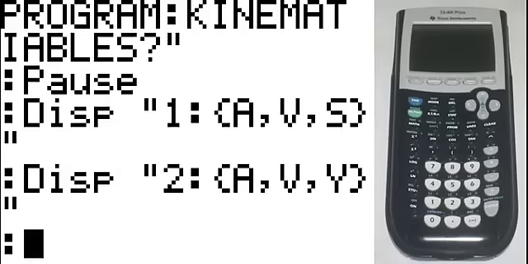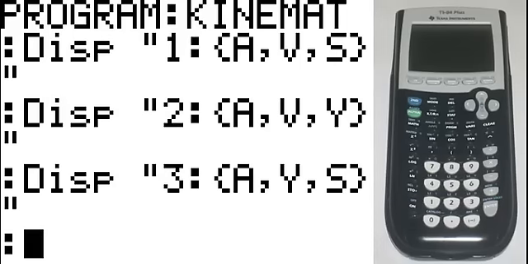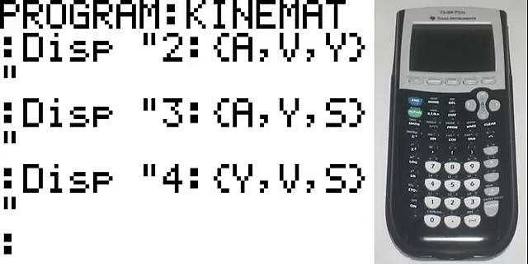Display in quotations "2: (a, v, y)". Display in quotations "3: (a, y, s)". Display in quotations "4: (y, v, s)". And then pause.